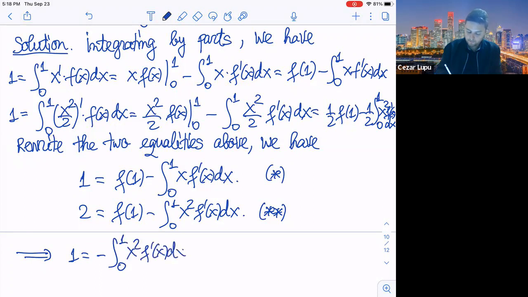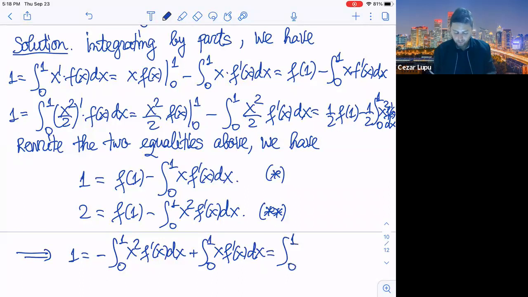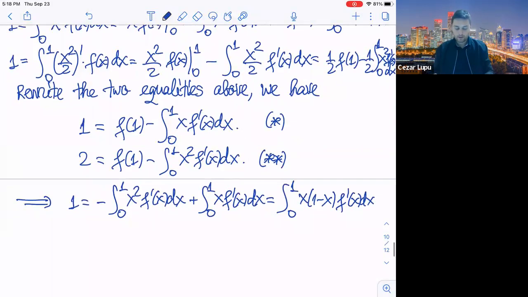let's see if this works. All right, so this would be equal to the integral of x times 1 minus x times f prime of x. All right, great. Now let's apply the Cauchy-Schwarz inequality.